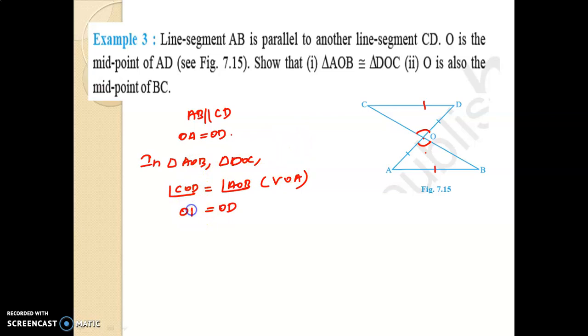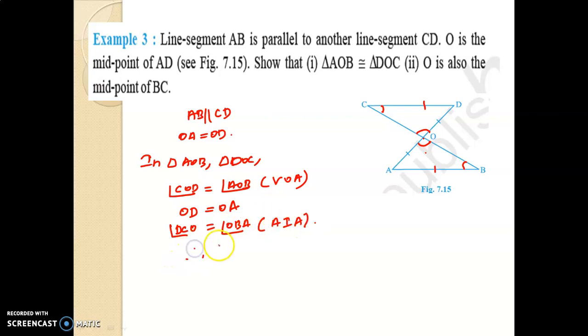I am writing in order: OD equal to OA, given here. And these two lines are parallel, already given. So can we say that these two angles are the same? Because they are alternate interior angles. So angle DCO equals angle OBA, alternate interior angles.